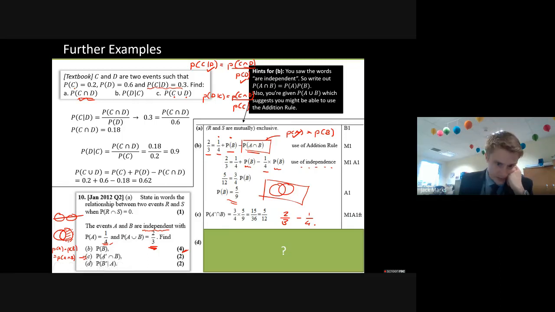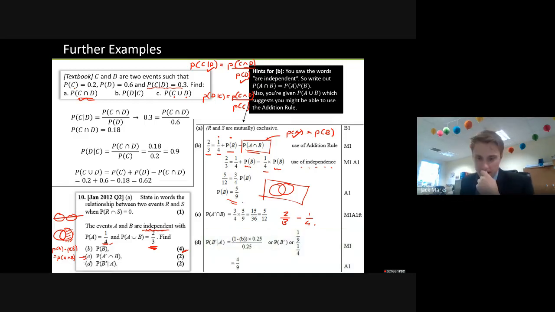We've got the probability of not B given A. Well, this is a trick as well, isn't it? Because they're independent, this is just going to be the same as the probability of not B. B is 5/9, so I'm expecting 4/9 here. So that's a trick question. Again, you don't need to do all of this.